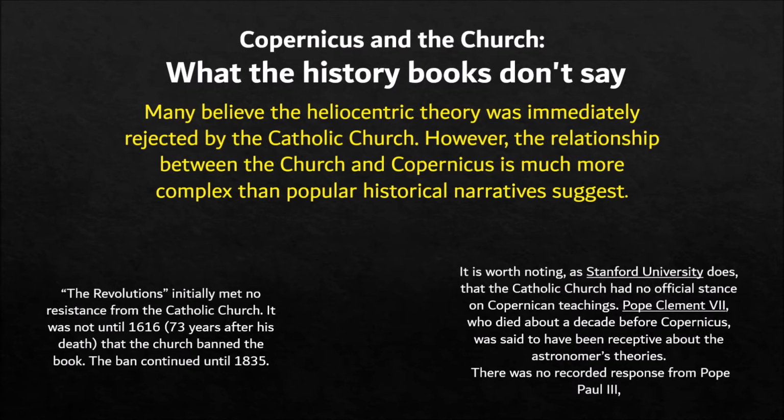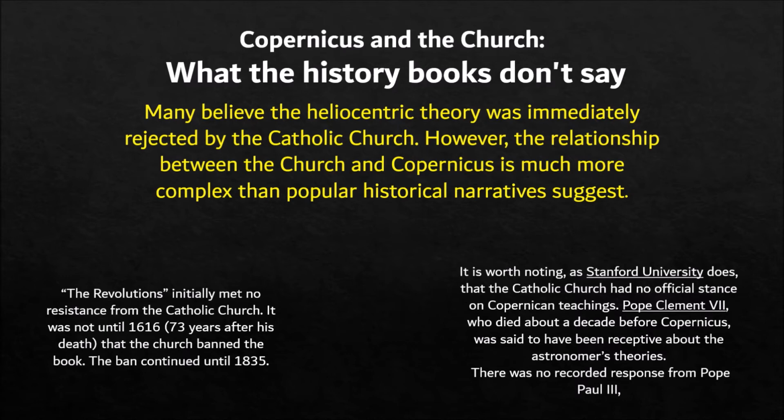Many people believe that the heliocentric theory was immediately rejected by the Catholic Church. That's not the case. Heliocentric meaning that it's the sun that is the center of our solar system, not the Earth. The relationship between the Church and Copernicus is much more complex than a lot of popular historical narratives would suggest.